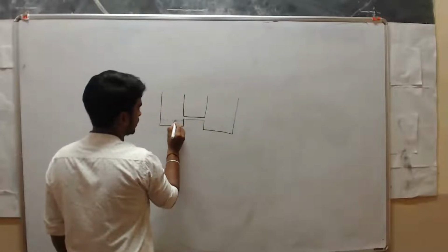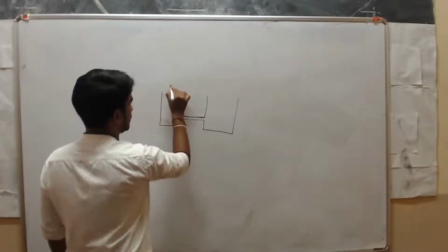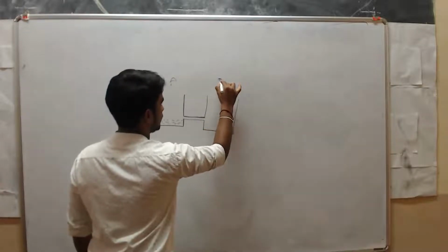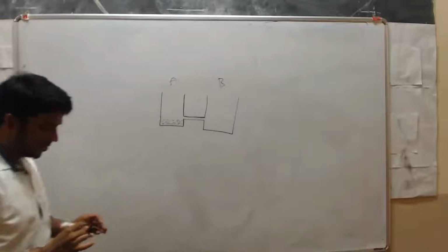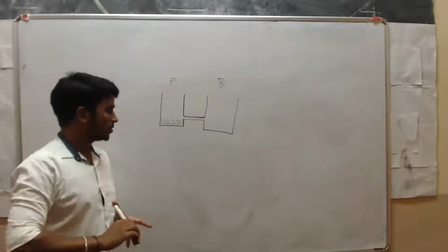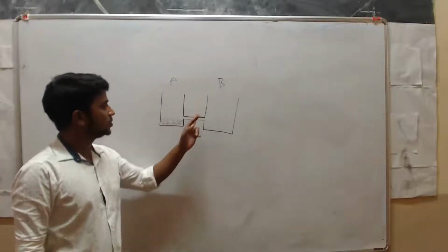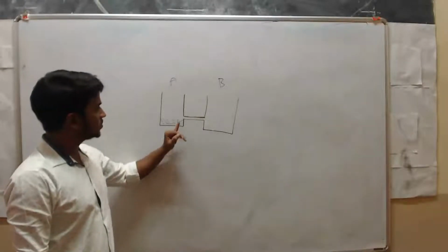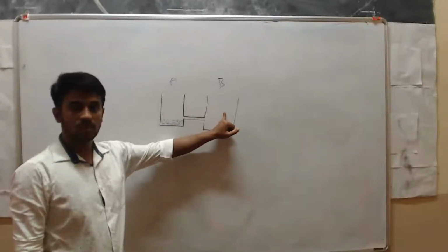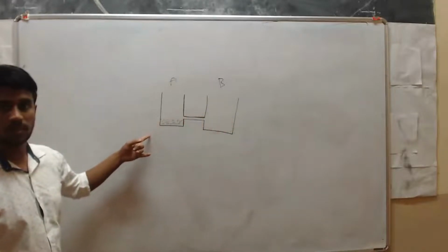This is the water level in tank A and this is tank B. This is the water level. Now I have connected both A and B using a pipe. Do you think that water enters from this tank to this tank?